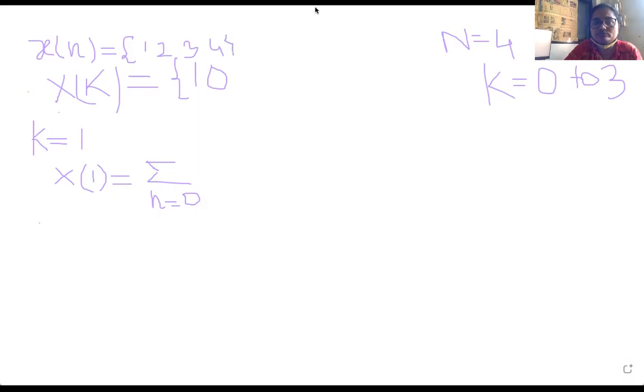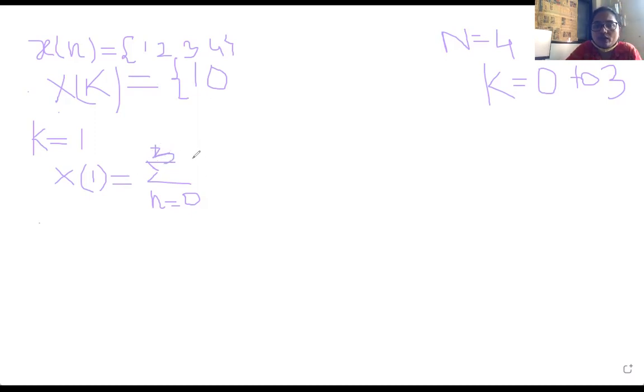So with this, I have 4 values. So the value of capital N is equal to 4. Here n varies from 0 to 3, because n varies from 0 to N minus 1.